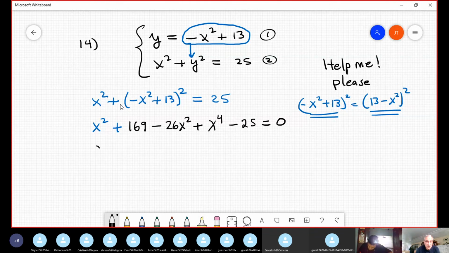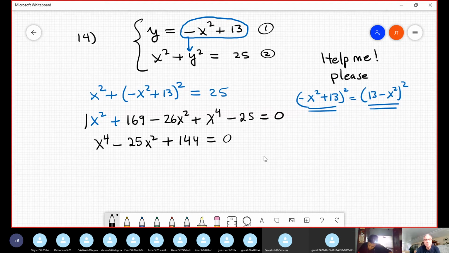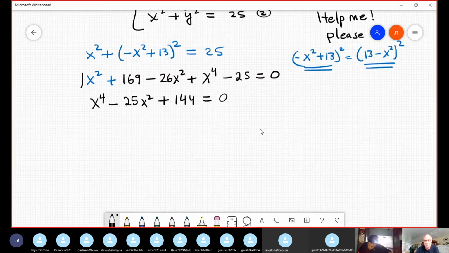I organize this equation like that: x to the 4 power, highest power first, 1 here, minus 26 and 25 x squared, plus 169 minus 25, 144, equal to 0. Okay, this is my equation. By the way, it's quadratic in form. Quadratic in form is not necessarily quadratic. It's degree 4, but the exponent here is twice this exponent, and we can simplify it like a quadratic.